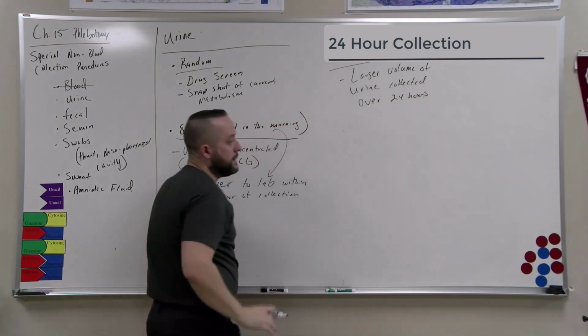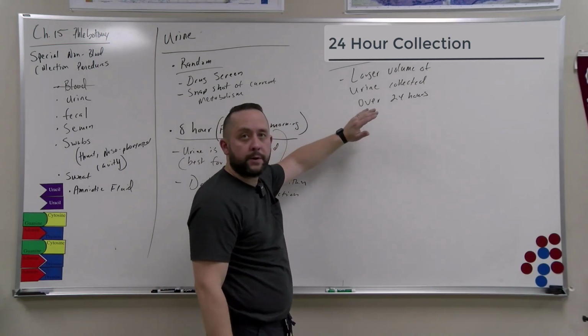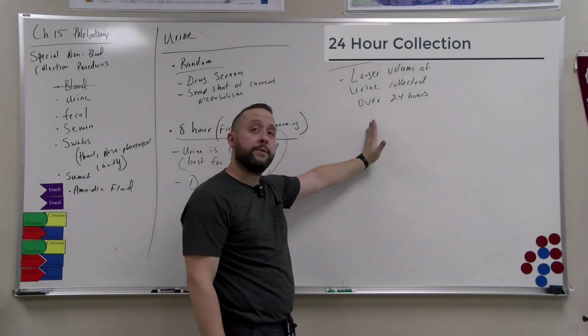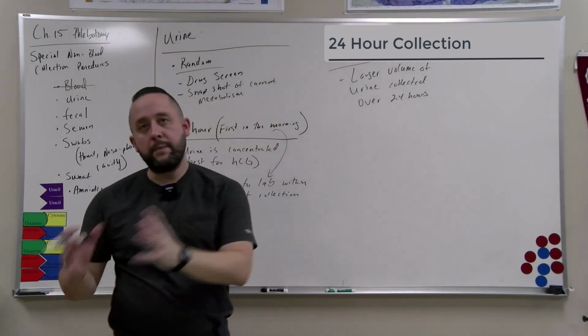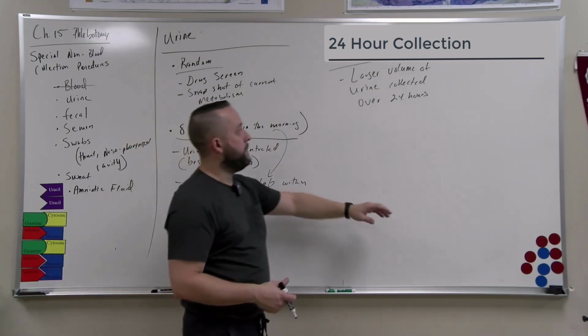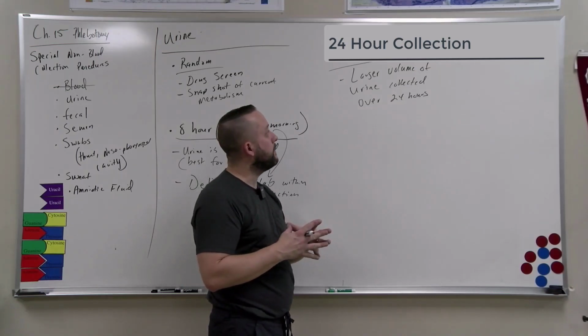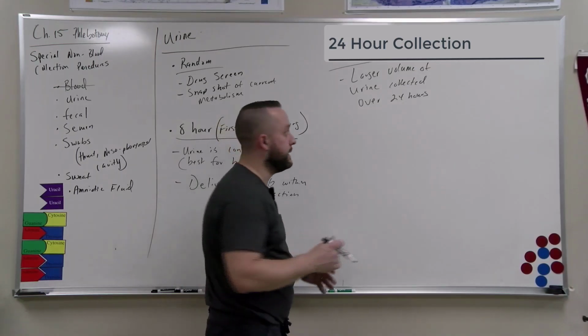Okay, so that means either someone is going to deposit a sample into a cup, or you're going to collect it from a collection device like a catheter, add it to a growing amount of urine that's stored somewhere, probably in a fridge, and then it can be taken to the lab once that time has been completed and looked at for all kinds of different things.